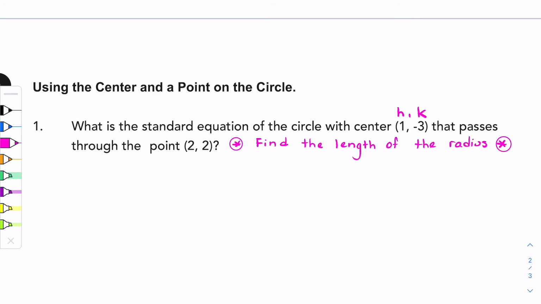So we're going to bring back some prior knowledge here, and we're going to bring back using the distance formula. So the first step to solving an equation like this is going to be use the distance formula to calculate the length of the radius.